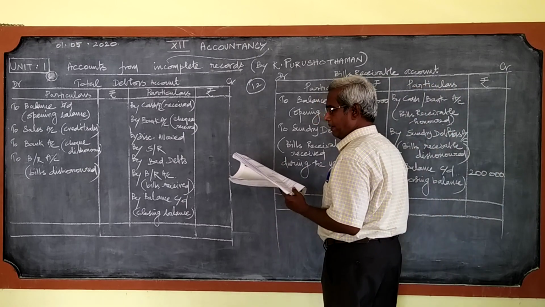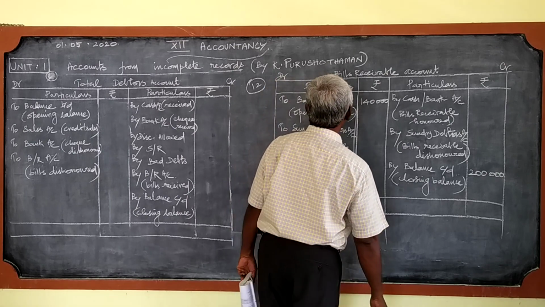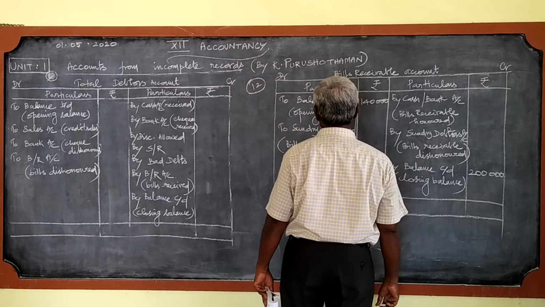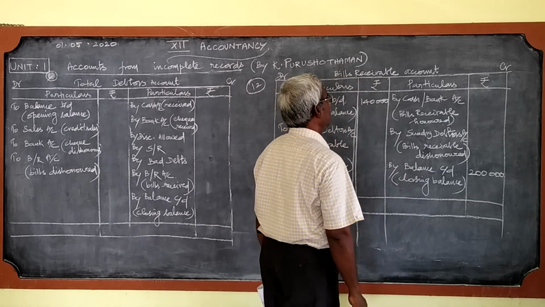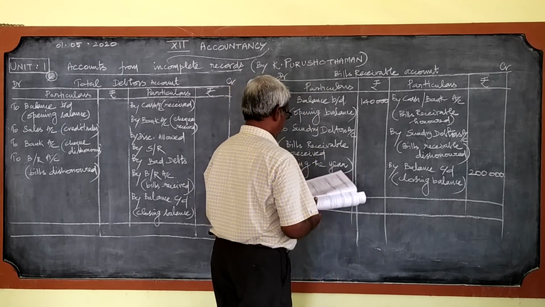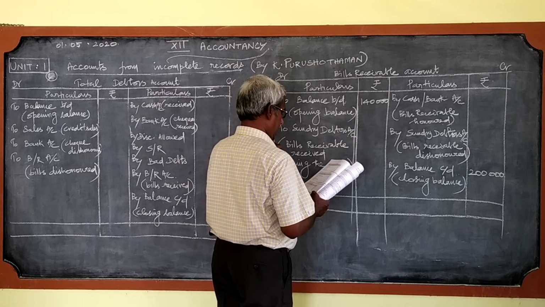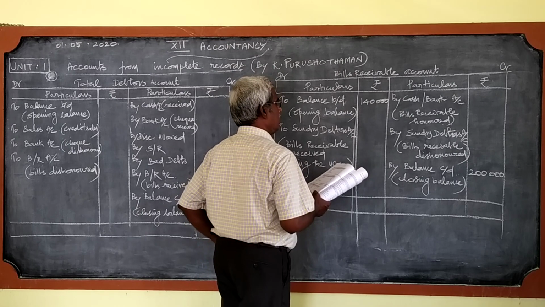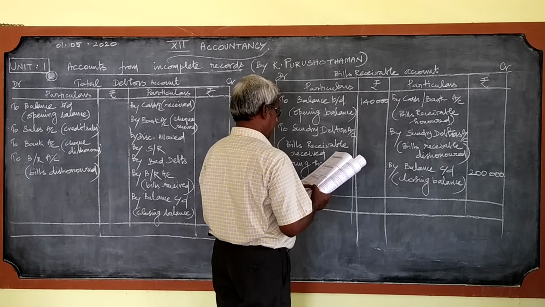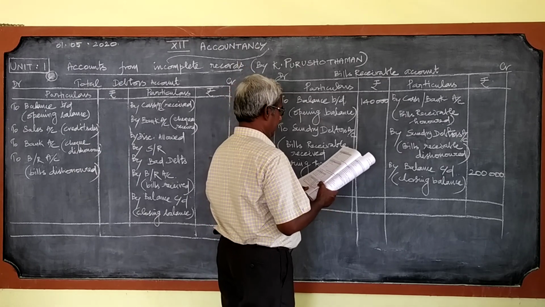Yes, what else is given? Cash received. Where is it? This is the term there: cash received, bills receivable received during the year. What we should find: prepare bills receivable account and compute the bills receivable received. That is the term used here, what we must find. Okay, we shall see once again.